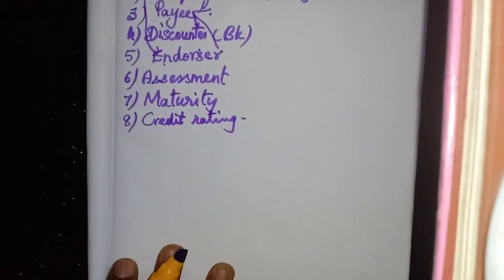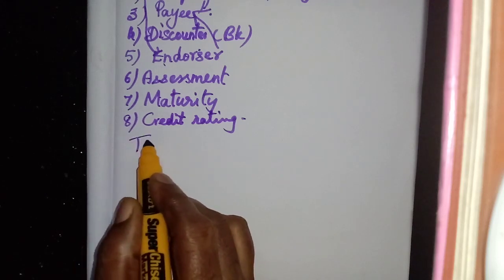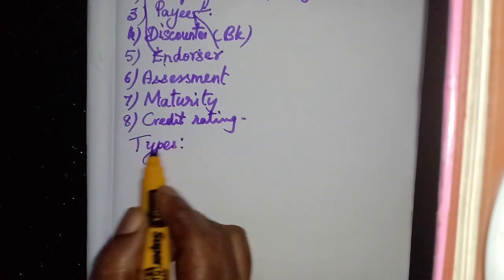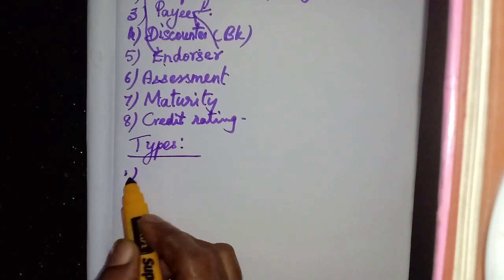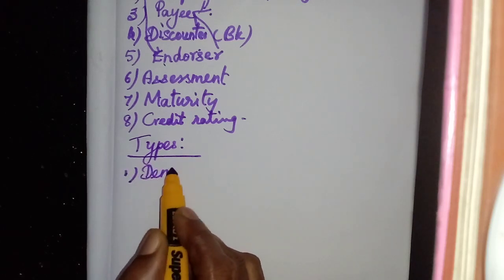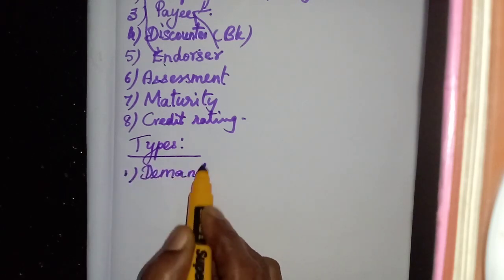Now we will learn about the types of these commercial bills. The first one, demand bills. It is one of the 3-mark questions.